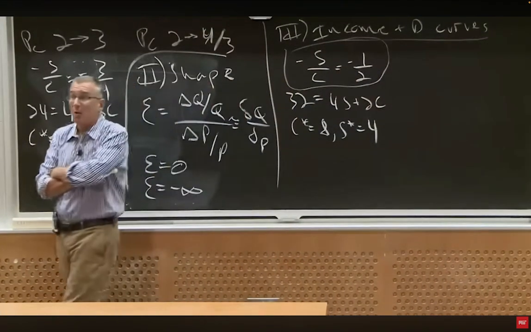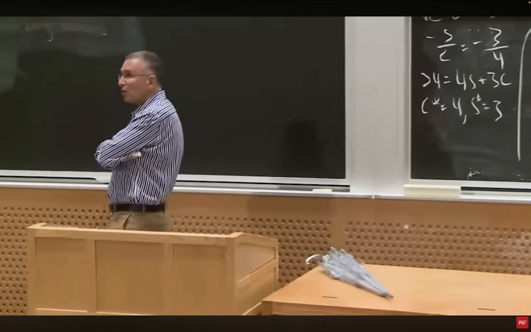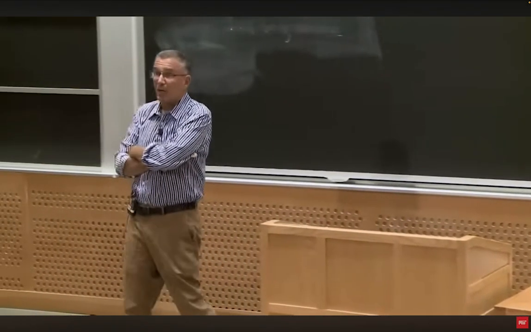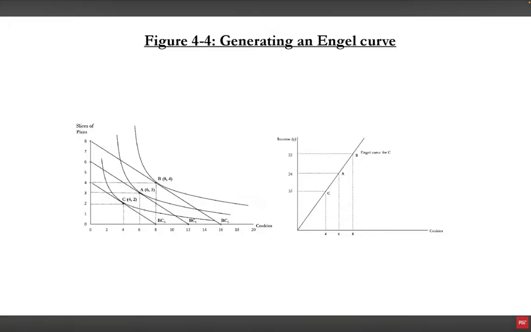It's just going to be a higher quantity. And that's what happens at point B. Same tangency at a higher quantity. Likewise, at point C, we show what happens if your income falls to $16. Then you want less pizza and fewer cookies: 4 cookies and 2 slices.